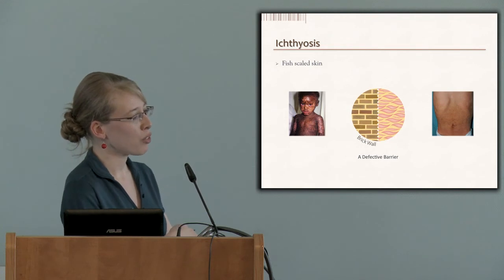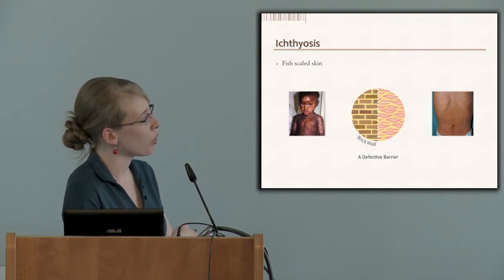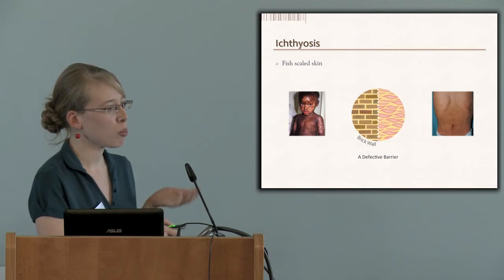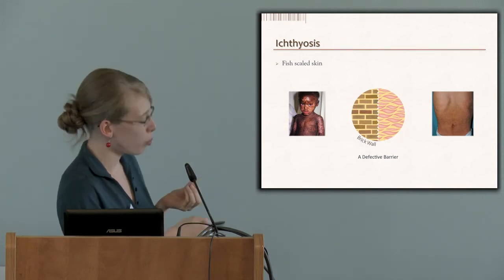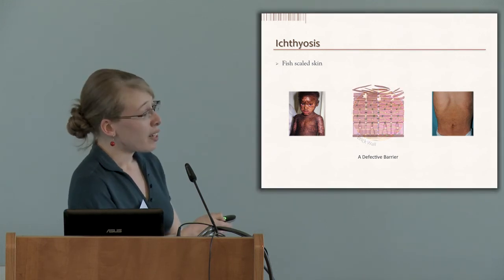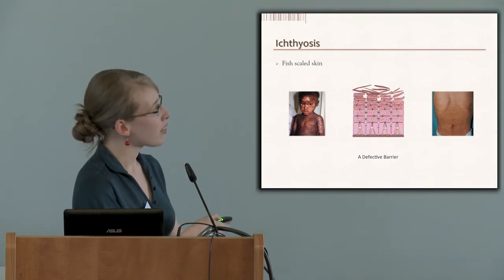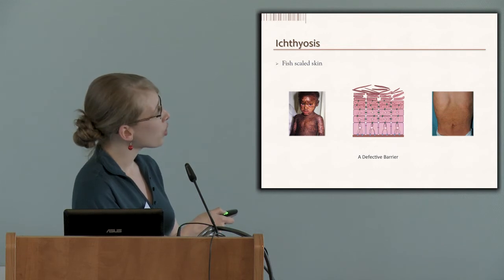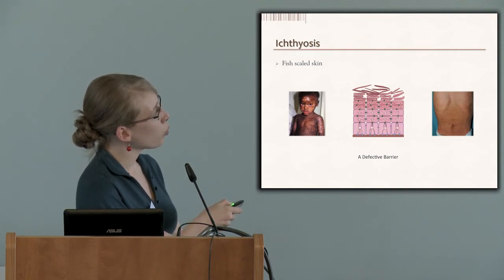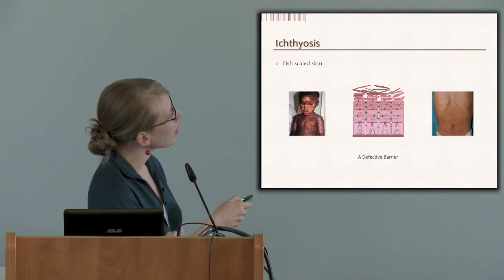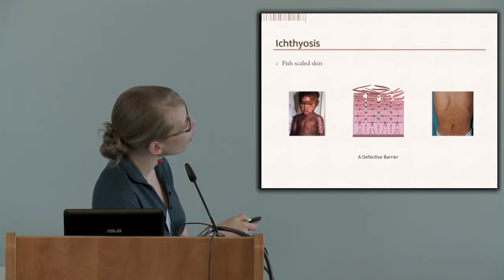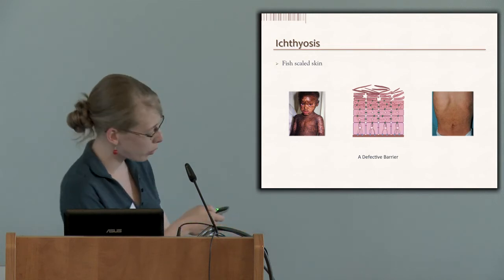Since the barrier is not functioning well, the skin will produce more and more cells in an attempt to restore the function of the barrier. It tries, but it doesn't succeed. The cells that are produced don't attach very well, and they get loose at the top. That is what you can see here nicely on the boy and here on the abdomen.